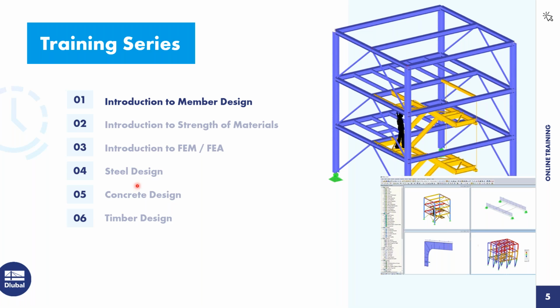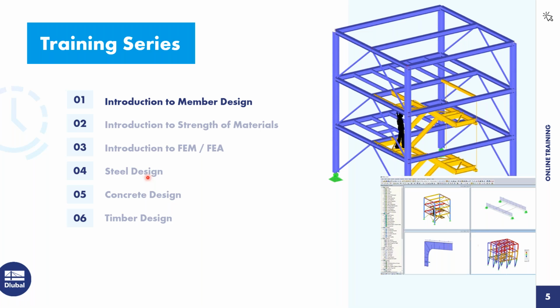And the last 3 are material-specific design training sessions about steel, concrete, and timber design. All things are quite easy, so they will give you an introduction to the basic concept and the basic usage of RFEM 6. And with that knowledge, you can refer to your tasks, exercises, and also exams of your study.